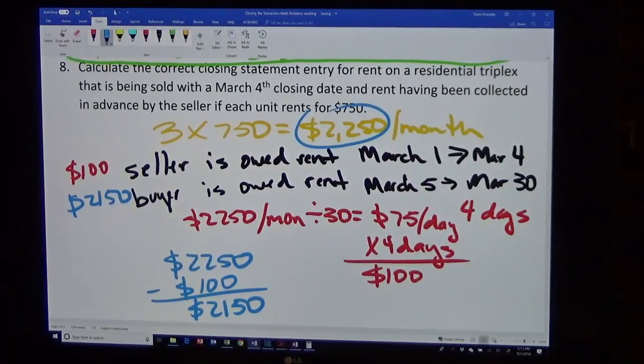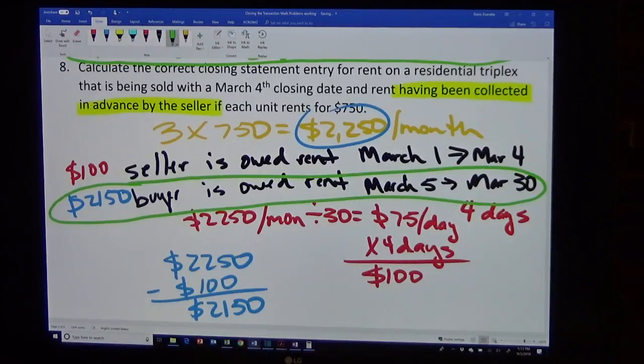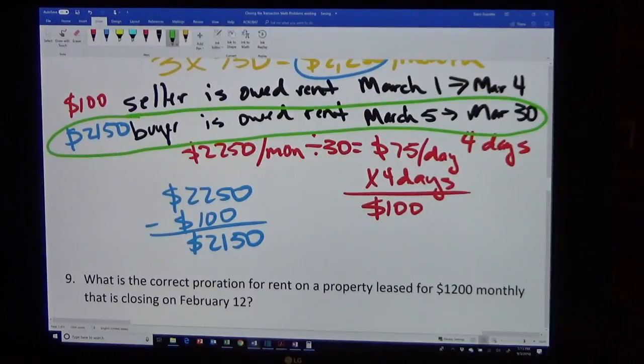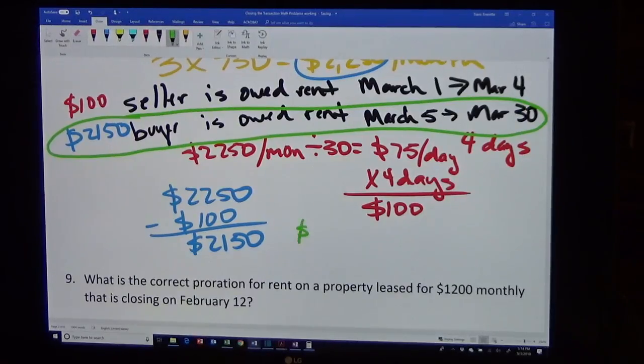We're going to do the exact same thing we've always done before. We're going to go back to the question and see who it talks about. It says rent has been collected in advance by the seller. So if it's collected in advance by the seller, then we want the buyer's portion here. So our correct prorated entry on the closing statement is going to be $1,950.